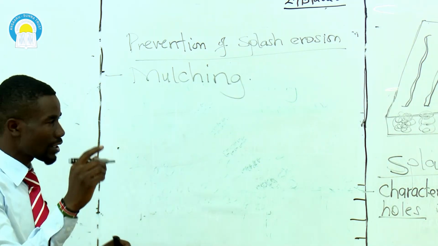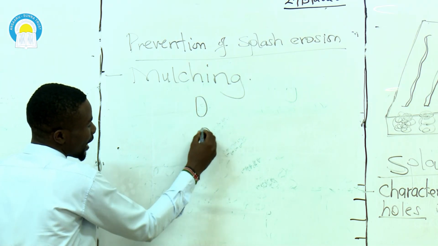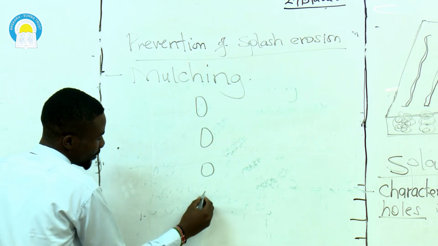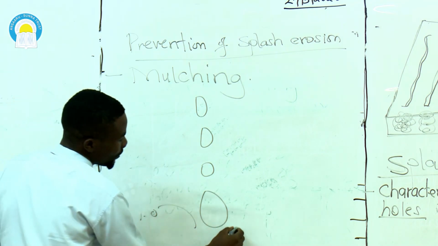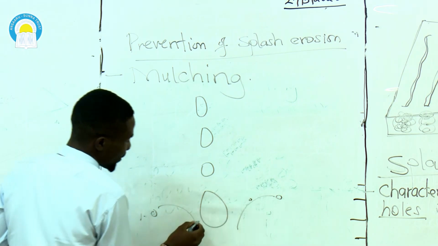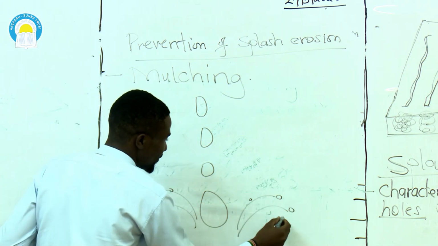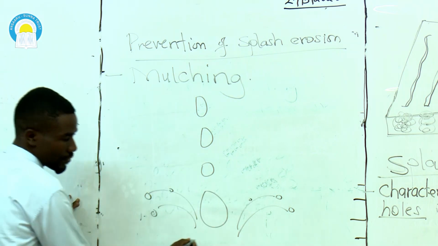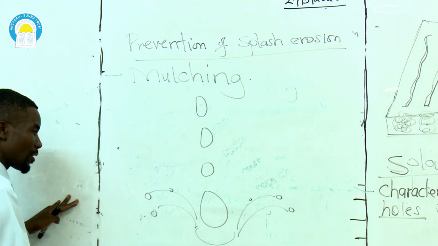This is how it looks like in diagram. When the raindrops come from the sky, they will come and knock the ground. Eventually they will be displacing the soil particles, and here will remain as a small hole on the ground.